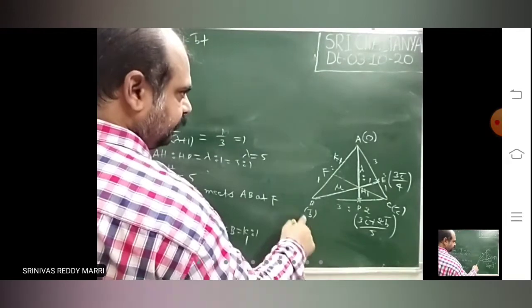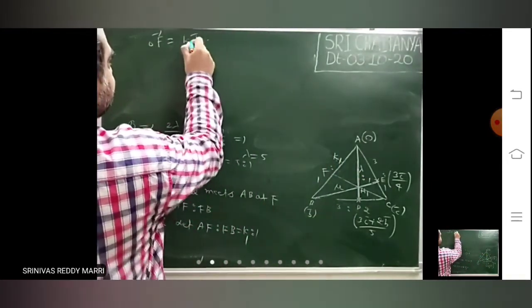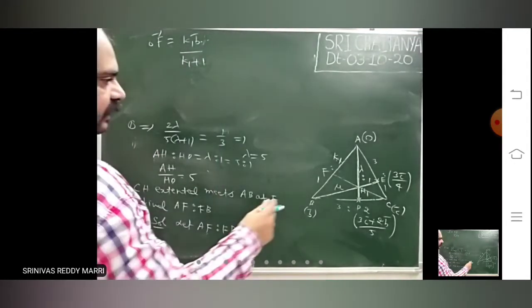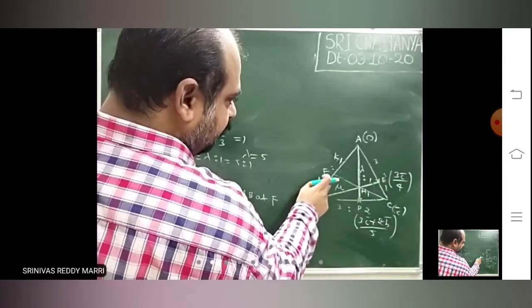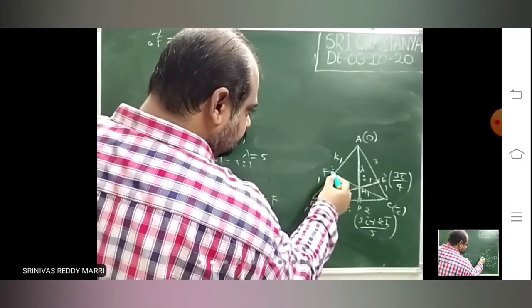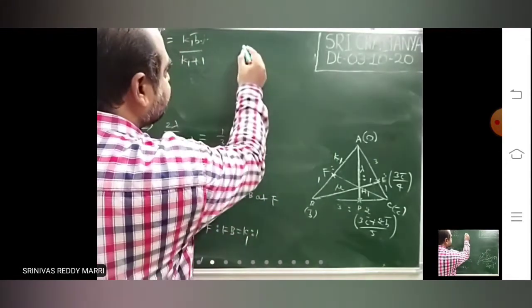So K1 into B bar plus 1 into 0, divided by K1 plus 1. F you got.